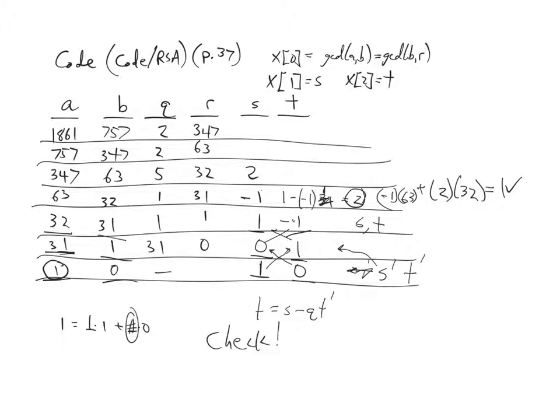So this minus 1 comes over, gets multiplied by the 2 below. Wait a minute.